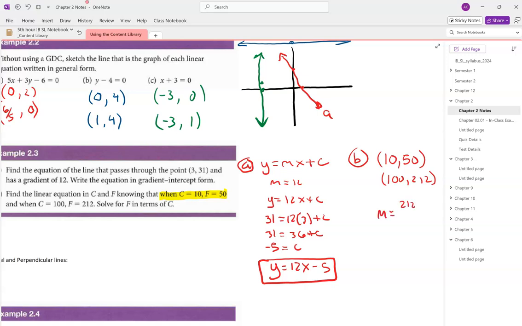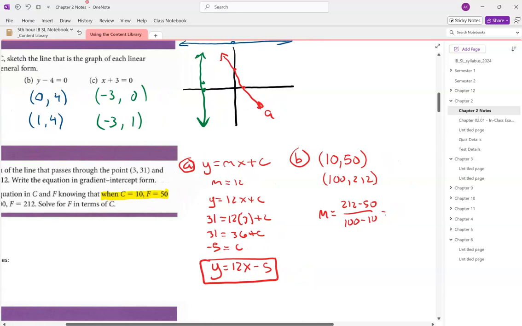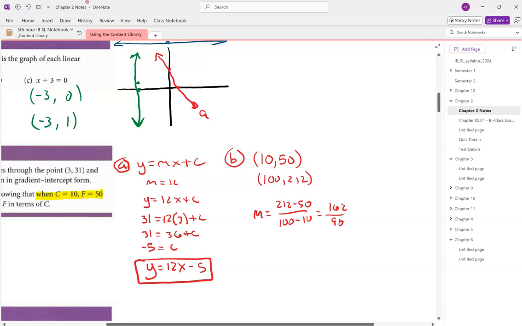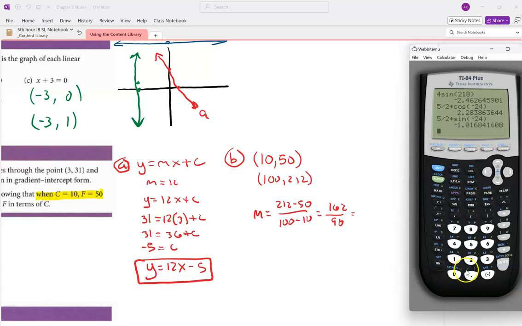So 212 minus 50 over 100 minus 10 is going to be 162 over 90. I don't feel like reducing it by hand, and you'll never have to do anything without a calculator, so let's take advantage of that.